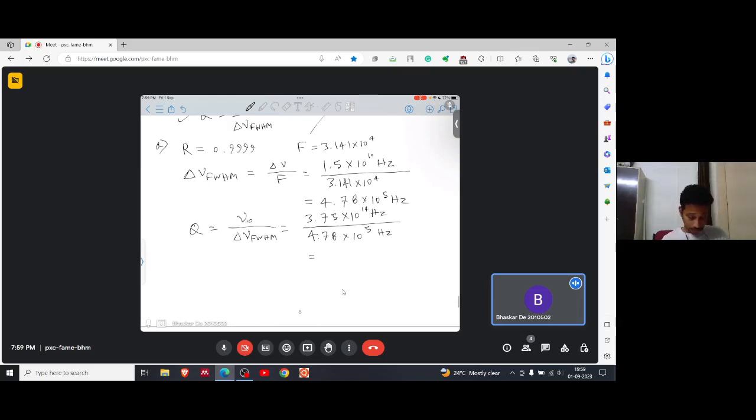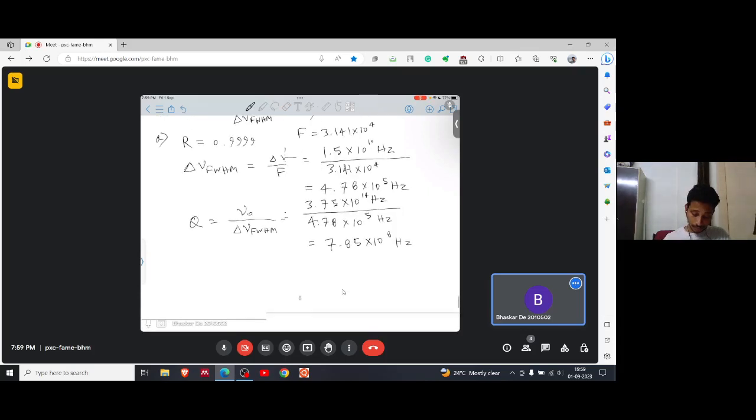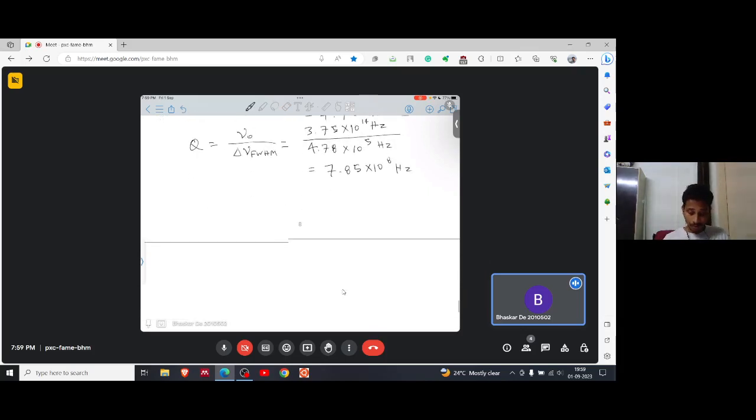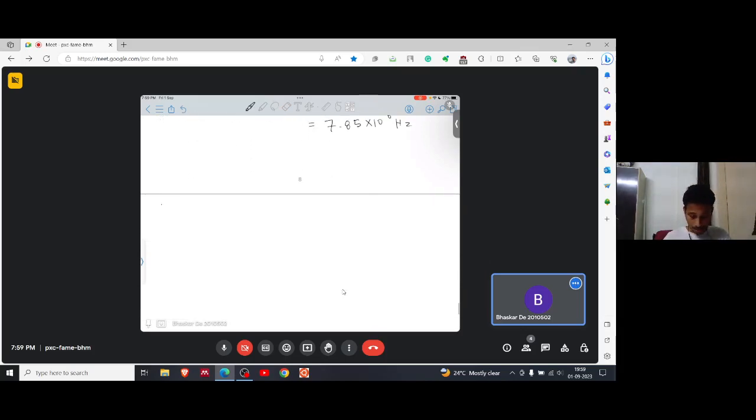So it will be 7.85 into 10 to the power 8. Now this procedure will be followed for the next two cases. I will write down, so for R equal to 95% or 0.95.